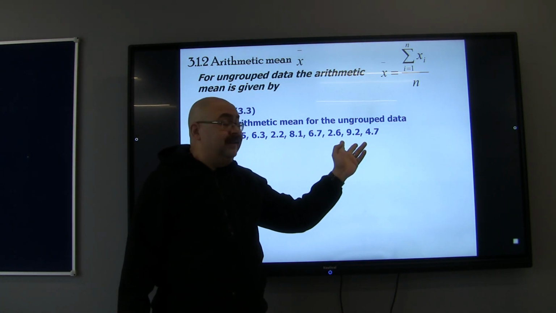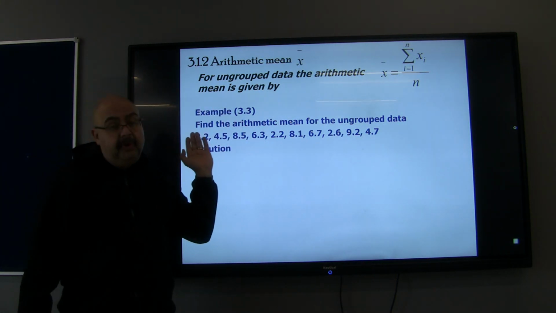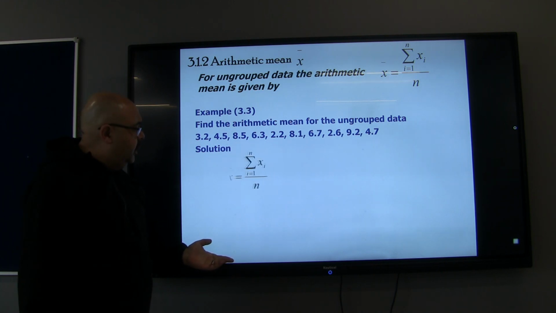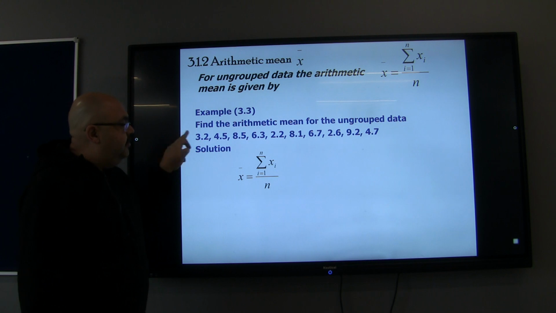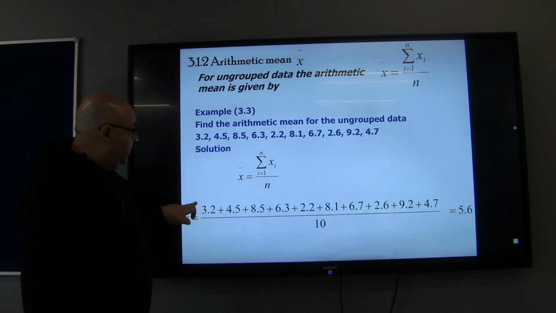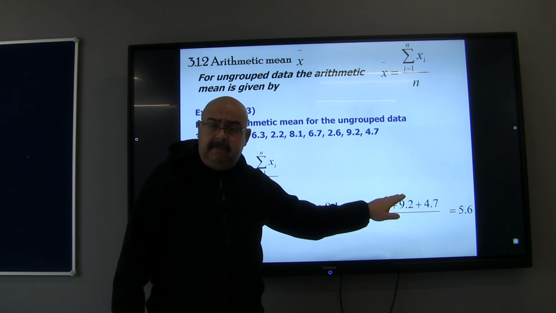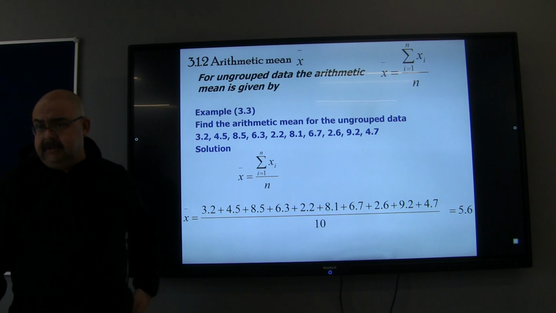We want to identify the arithmetic mean for this group of numbers. All I have to do is to get the sum of all of these numbers all together, divided by their count. Once we start collecting them, they will come up to 56. Simply divided by 10, so your arithmetic mean is 5.6.